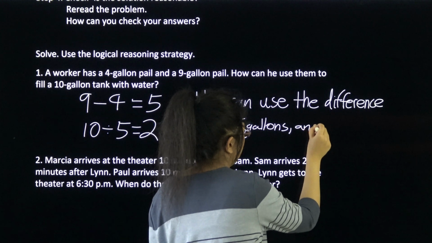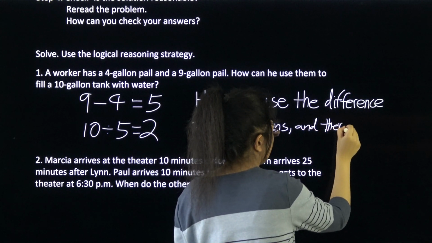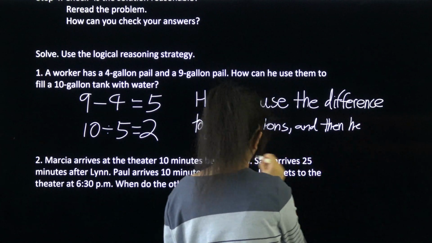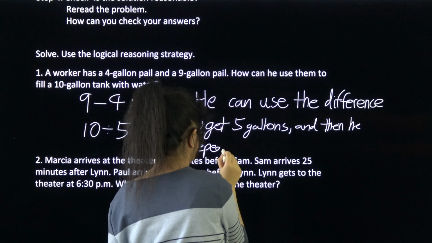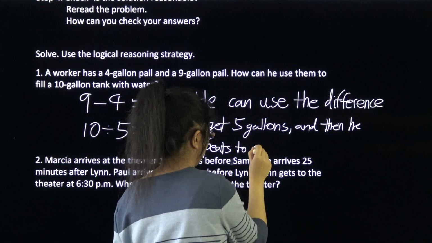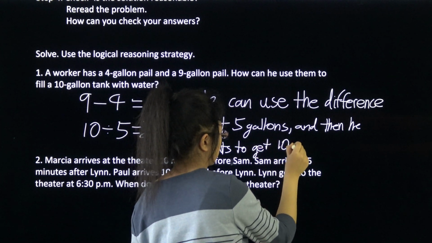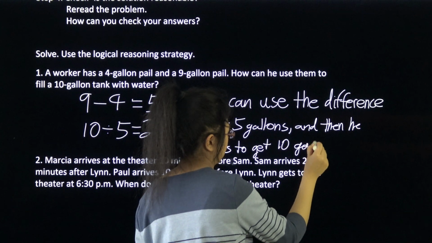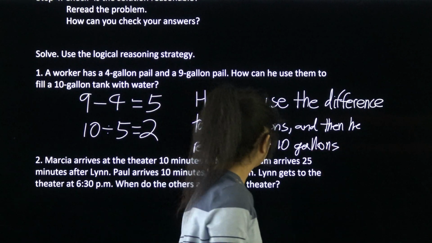And then he repeats to get 10 gallons. So, that's done.